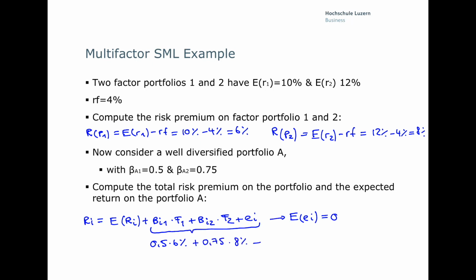This means 0.5 times the 6% previously calculated plus 0.75 times the 8% premium of P2 equals a 9% total risk premium. Adding the 4% risk-free rate totals 13%.